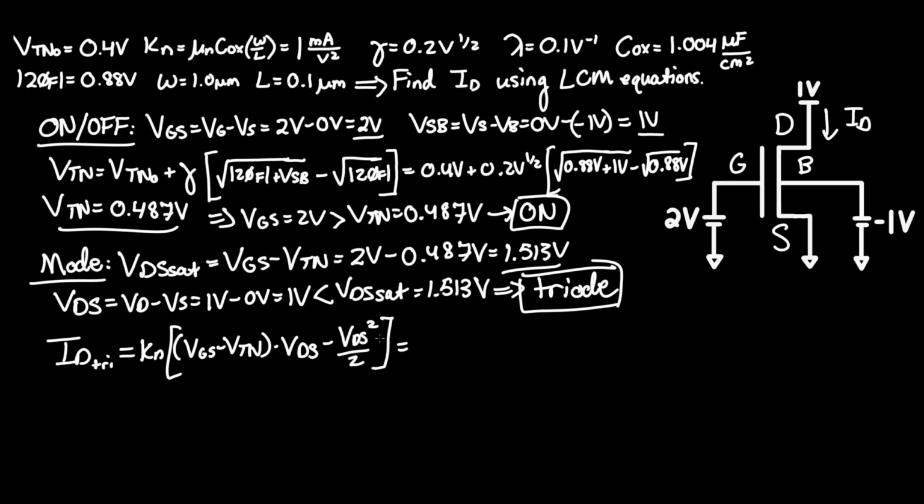And that equals 1 milliamp per volt squared times parentheses 2 volts minus 0.487 volts times VDS, which we just found to be 1 volt, minus VDS squared over 2.